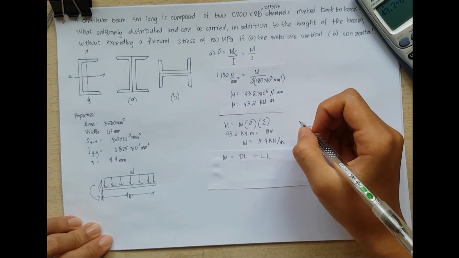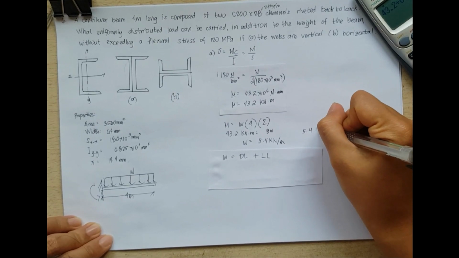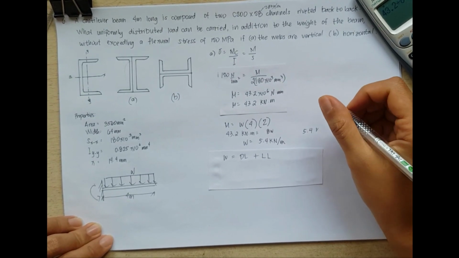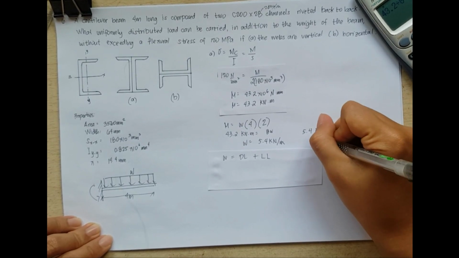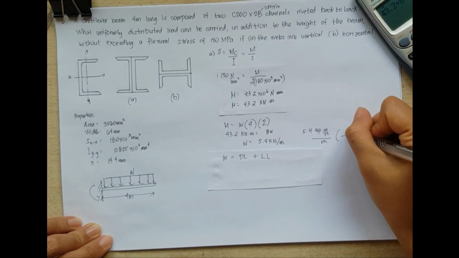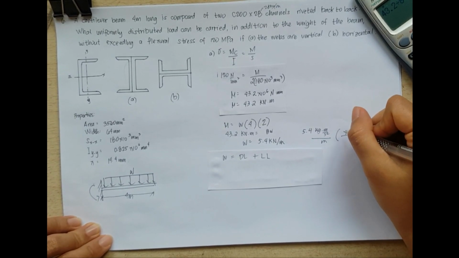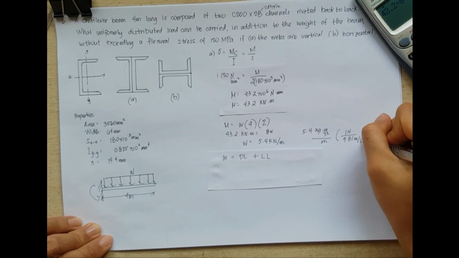Kilogram per meter by having 5.4, diba yung kilonewton natin is equal to kilogram meter per second squared. So meter multiplied by, so in 1 newton there is approximately 9.81 meter per second squared.